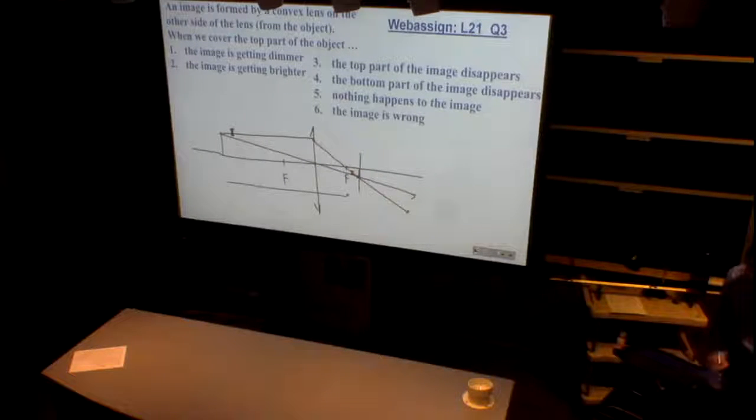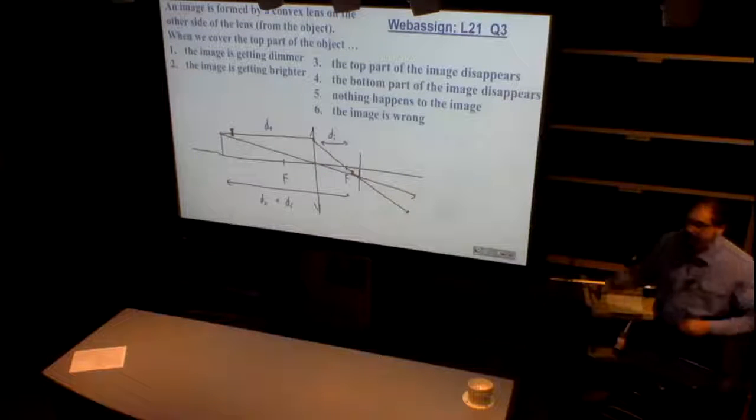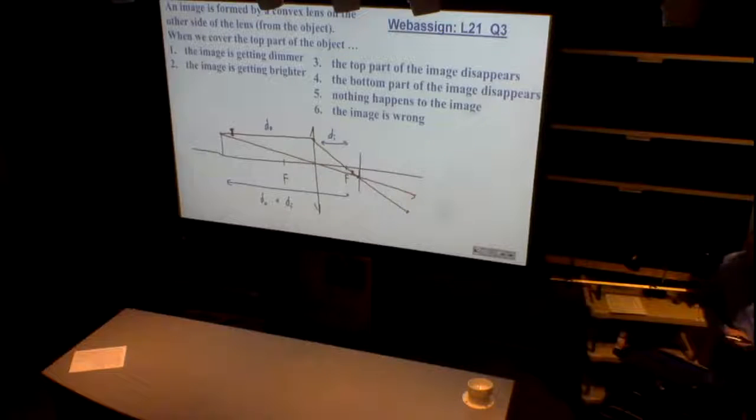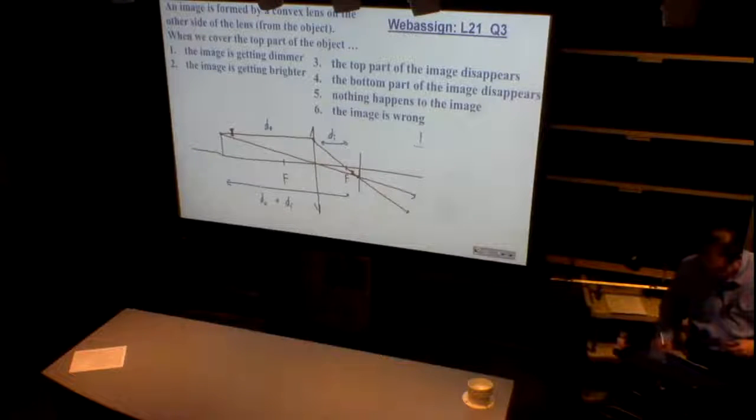Well, in our example, we didn't change the distance from the screen to the source. This distance, which is actually the object distance plus the image distance, was fixed by the setup. We've been moving the lens back and forth. That's what we did. And of course, we can write an equation.